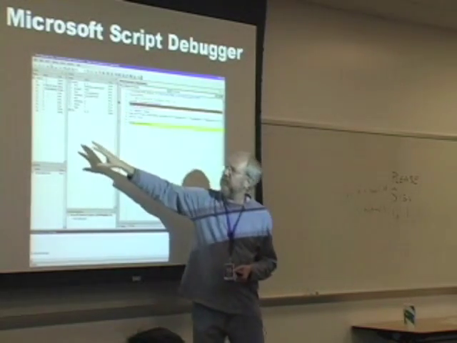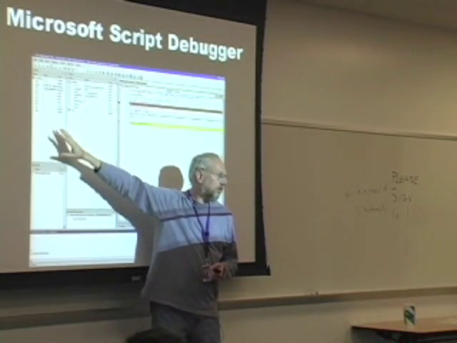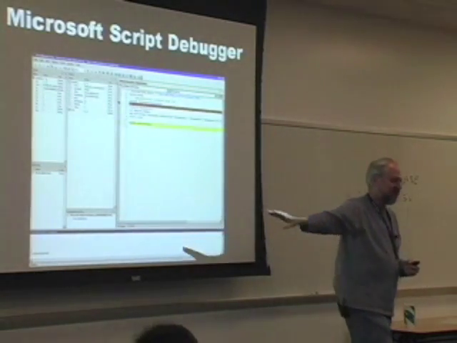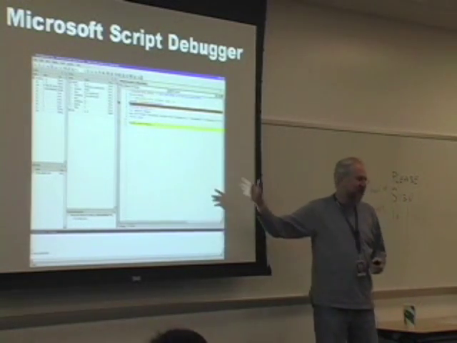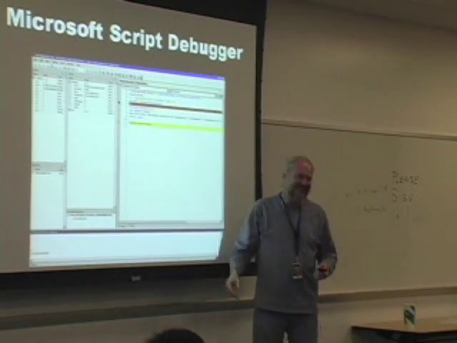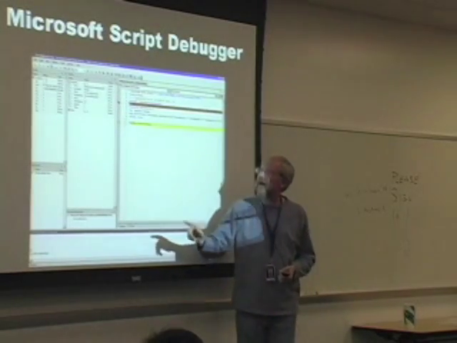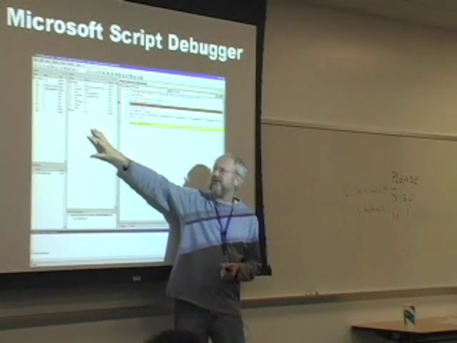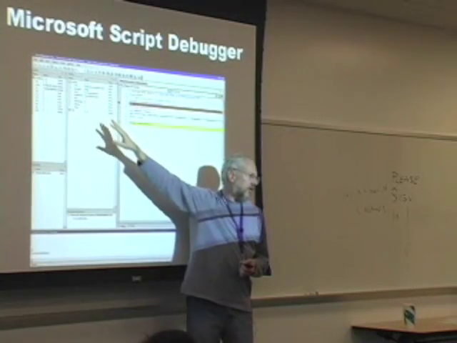You have access to the local variables, so everything which is local to the current function is visible here, except for this. The guy who wrote this for Microsoft didn't know how this worked, so this isn't there. However, you also have a watch window where you can type in any expression, and the value will be shown in the next column.